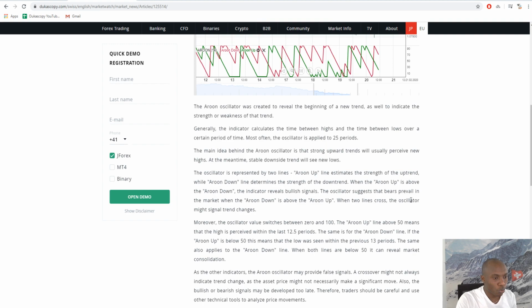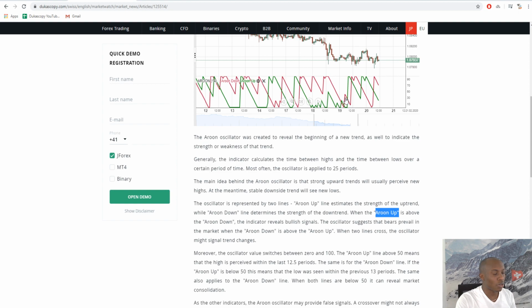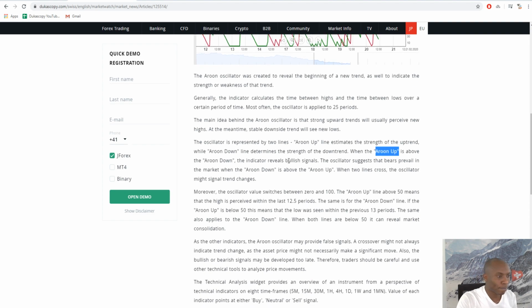And when the Aroon up is above the Aroon down, that shows that we are in a bullish market, and vice versa. When the Aroon up is above the Aroon down, it indicates a bullish signal; the oscillator should say that bulls prevail in the market.